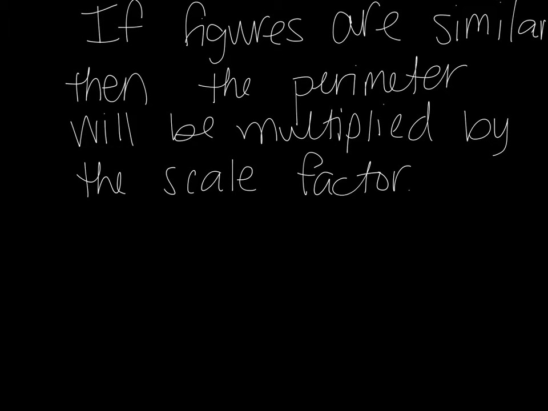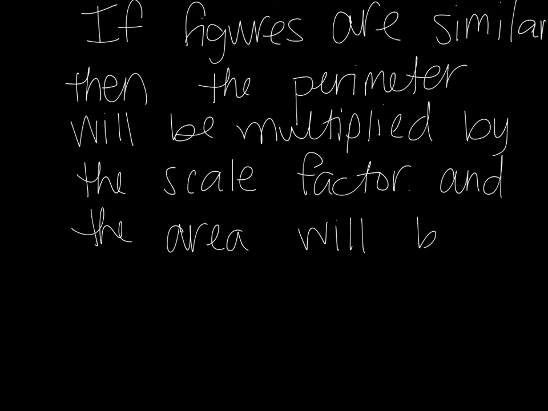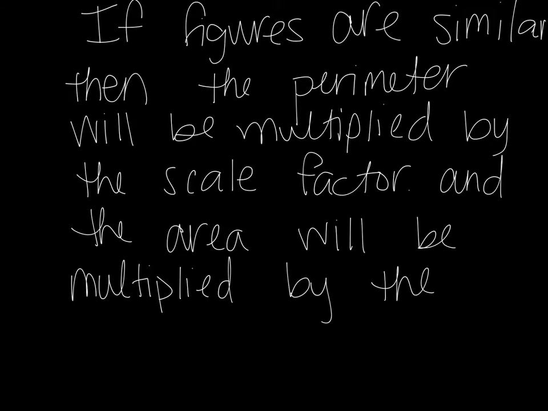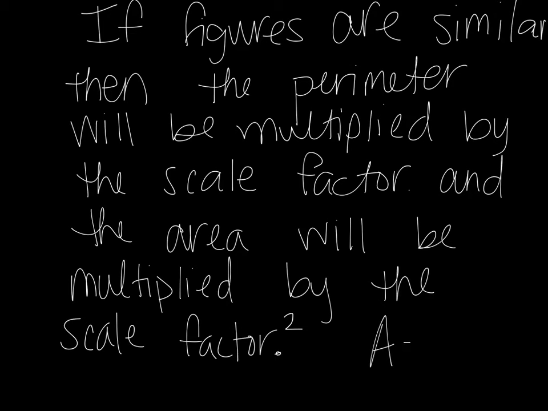Will be multiplied by the scale factor, and the area will be multiplied by the scale factor, and then I'm going to put my squared up here. And really, if we think the area, we always write the area in like centimeters squared.